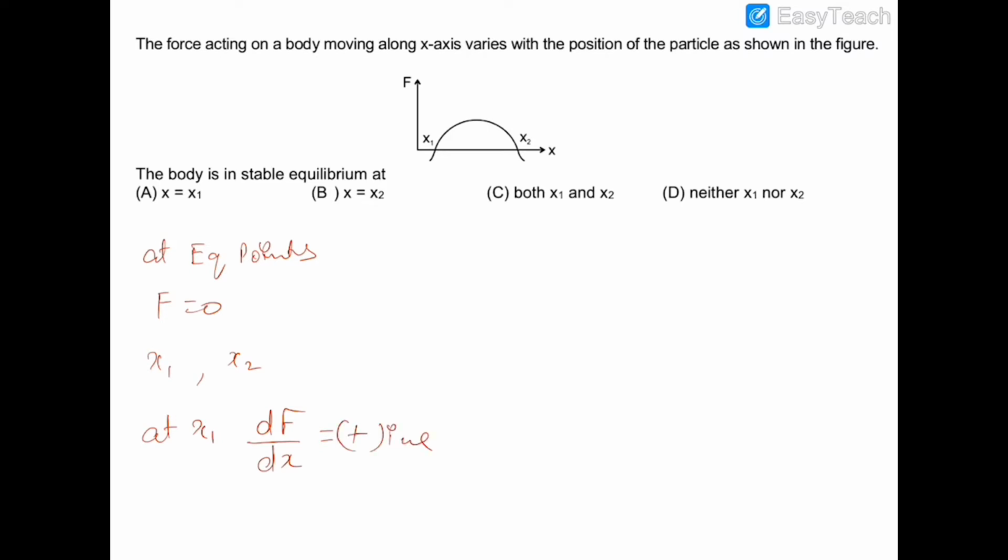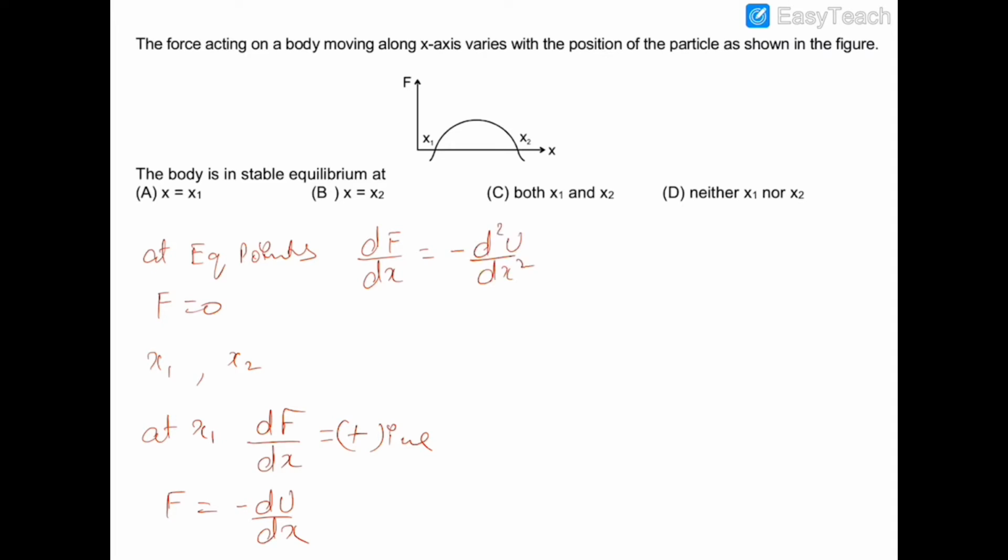Now f is equal to minus du by dx already, and df by dx will be equal to minus d square u by dx square.